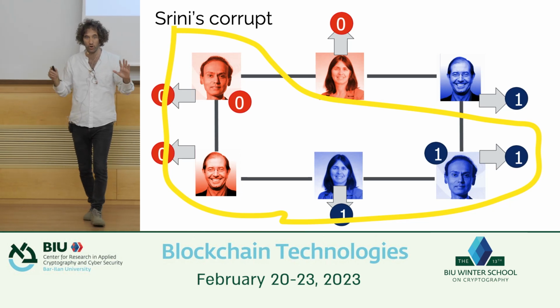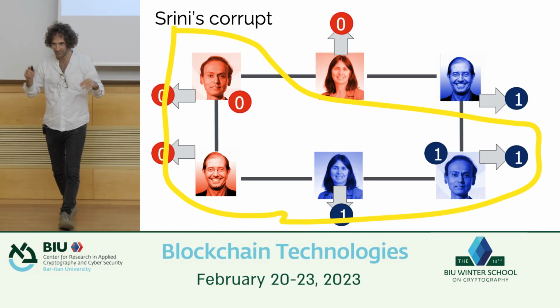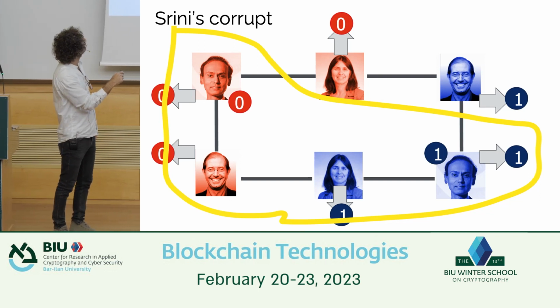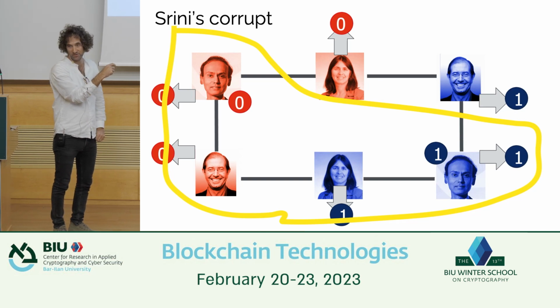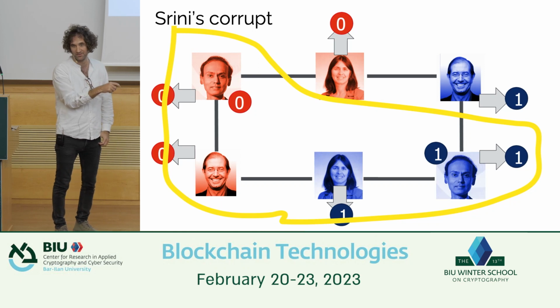So it's running the protocol honestly, but in this little loop. It's kind of mind-boggling. We're going to run it so that this Srini here tries to propose a transaction tx0, and this Srini tries to propose a transaction tx1.